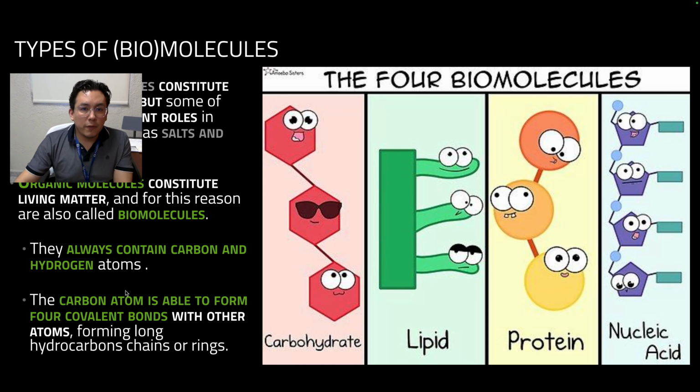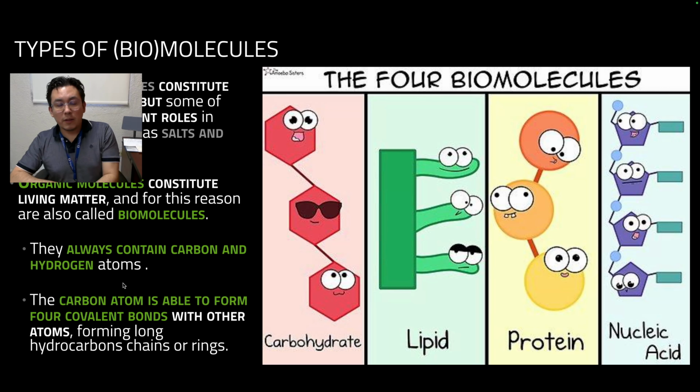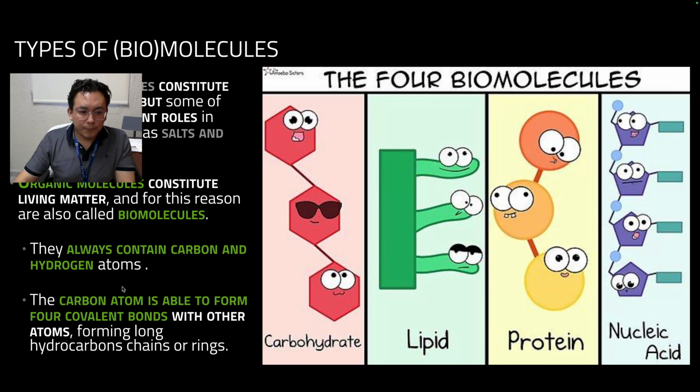Three out of these four biomolecules, we actually get from food. Basically, our diets and our digestive systems will be in charge of getting these molecules from our food and putting them into our cells so that the cell can continue to build and grow and develop and carry out its own functions to continue to be a living thing.